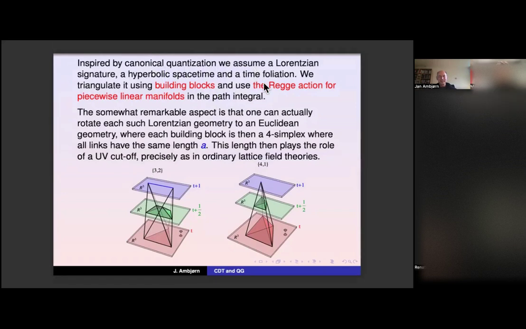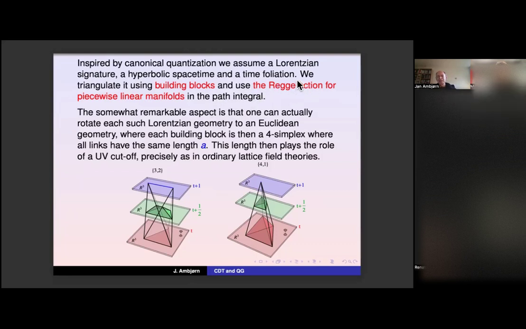So in CDT, let me talk about CDT here. In CDT, we start out by assuming we have a Lorentzian spacetime, and inspired by canonical quantization, we assume that we have a time, which we can take as proper time, a time foliation.